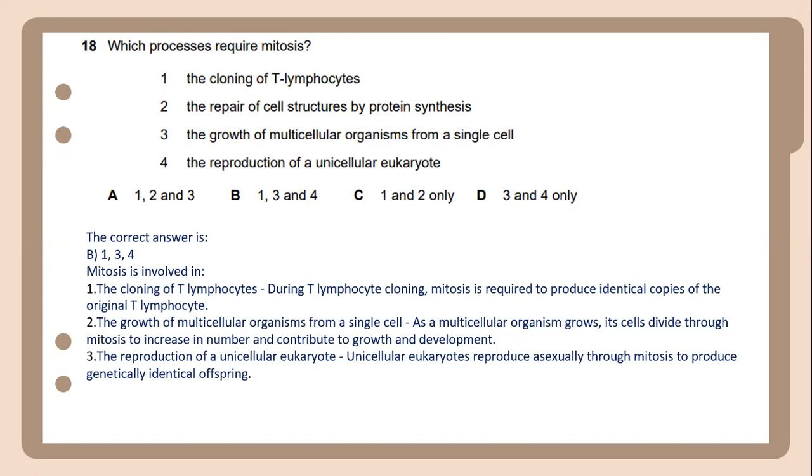And the growth of a multicellular organism from a single cell: as a multicellular organism grows, its cells divide by mitosis to increase in number and contribute to growth and development, which is process number 3. And the reproduction of unicellular eukaryotes: a unicellular eukaryote reproduces asexually through mitosis to produce genetically identical offspring. The answer will be 1, 3, and 4.